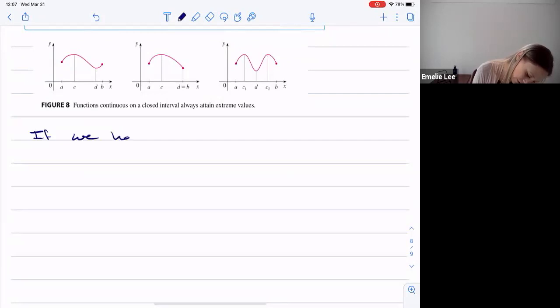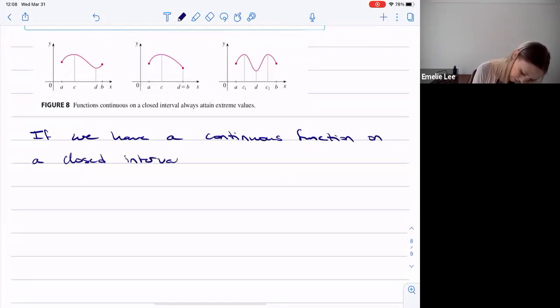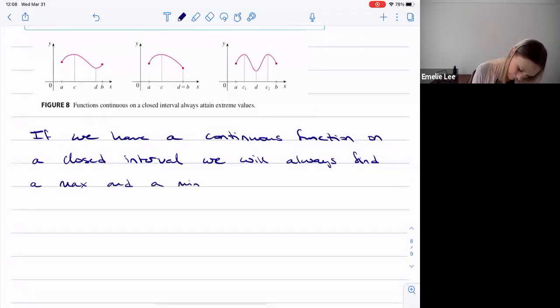So if we have a continuous function on a closed interval, we will always find a max and a min, or more than one, right?